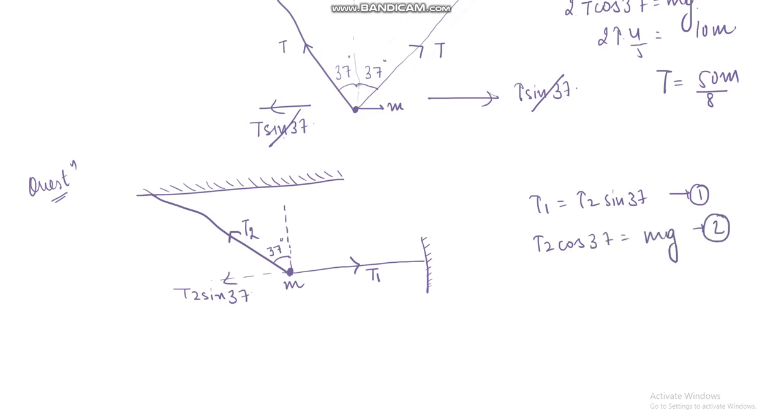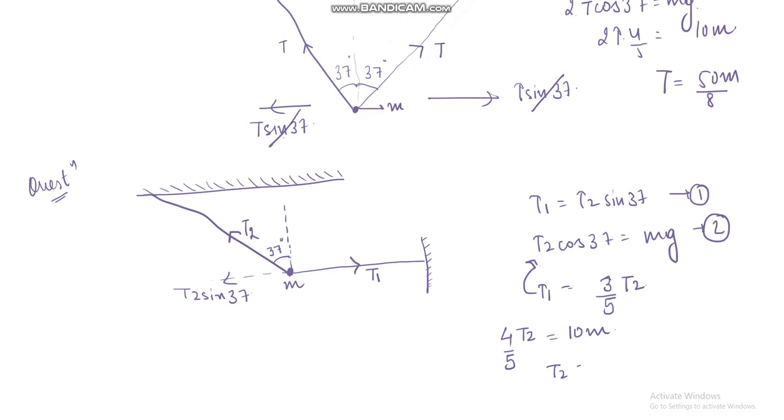This is our second equation. So from 1 and 2, T1 equals 3/5 T2, and putting into this, 4/5 T2 equals 10m.